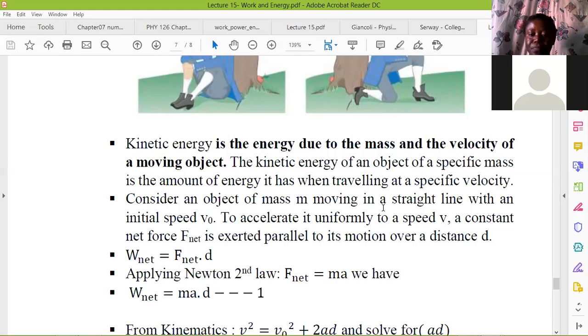Then a net force is exerted parallel to its motion over the distance. So what we are saying here is, you have an object moving at this position with the initial velocity. As it moves, it has a mass m.